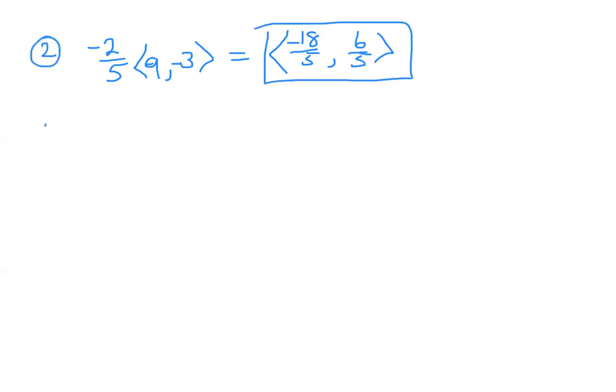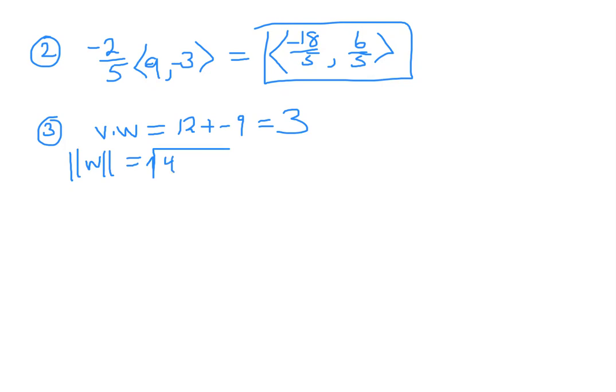All right, let's look at number 3. We're going to find the projection. We need V dot W, which is 12 plus negative 9, which is 3. And we need the magnitude of W, which is 4 plus 9, which is the square root of 13.